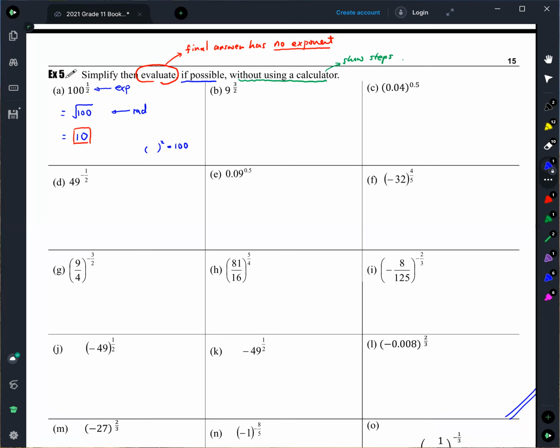So please show at least 2 steps, how you get there. Sometimes you might need 3, but show at least 2.